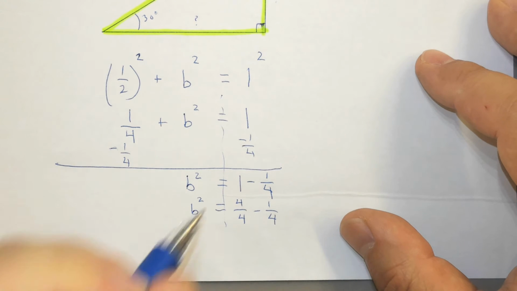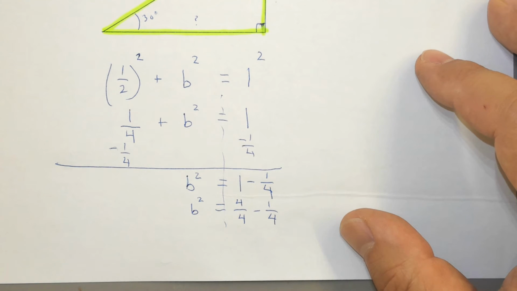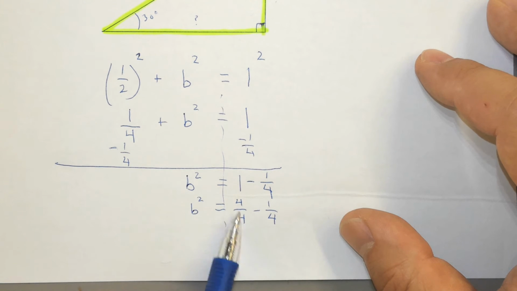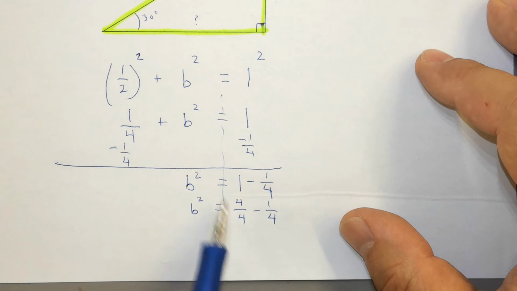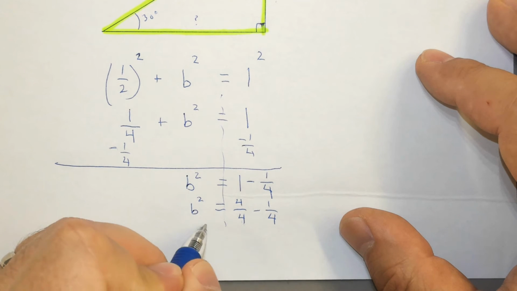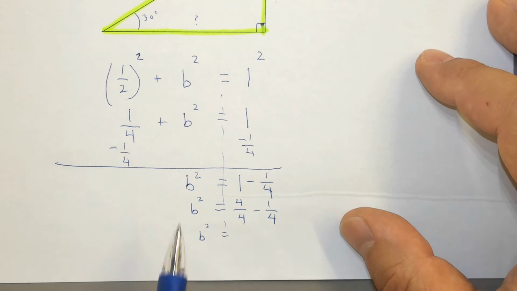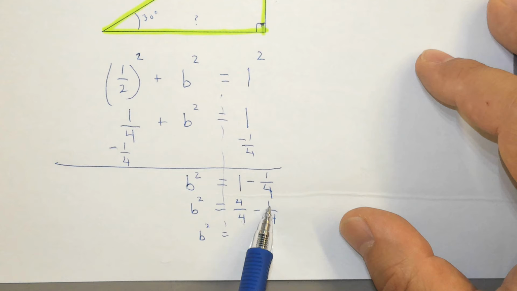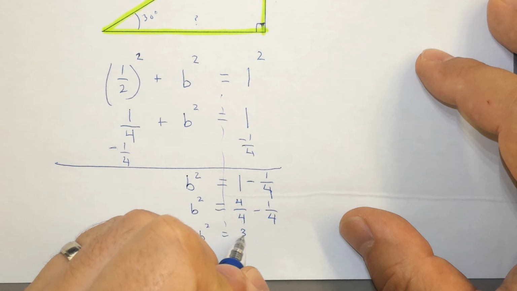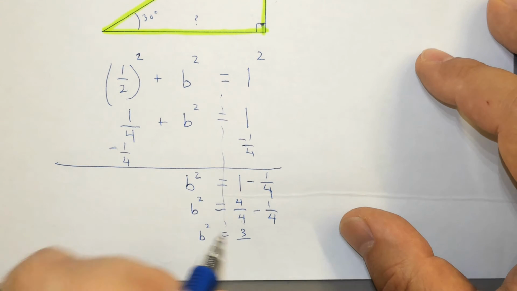Now I didn't do any trickery here. 4 divided by 4 is 1, and this is 1, so we actually didn't change the value of anything here. We're just disguising 1 as 4/4 so that we could subtract these. So I get b squared is equal to, what's 4 take away 1? That's 3. Remember to keep the denominator.